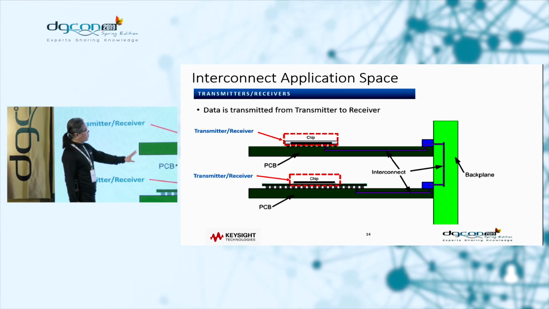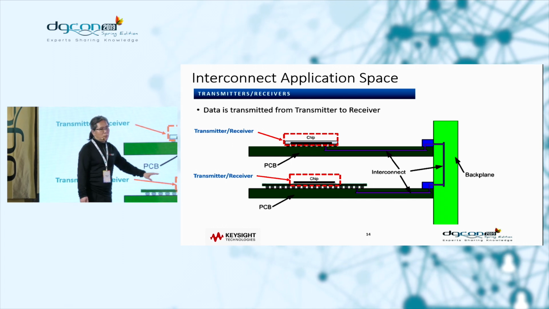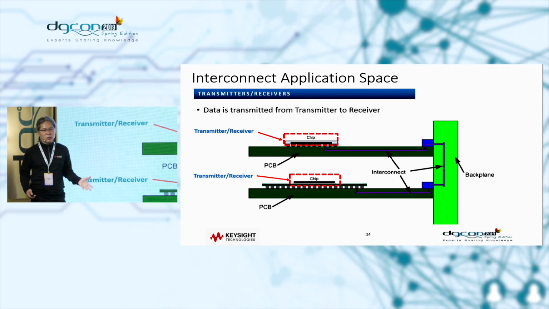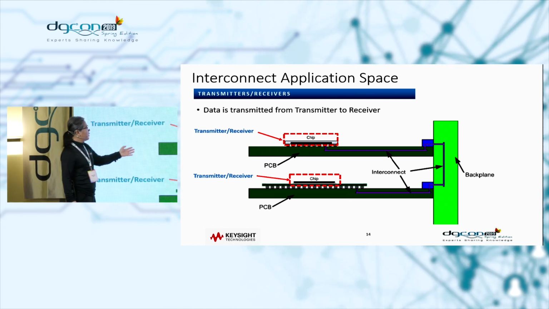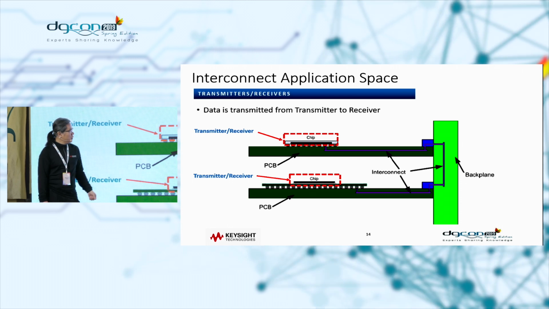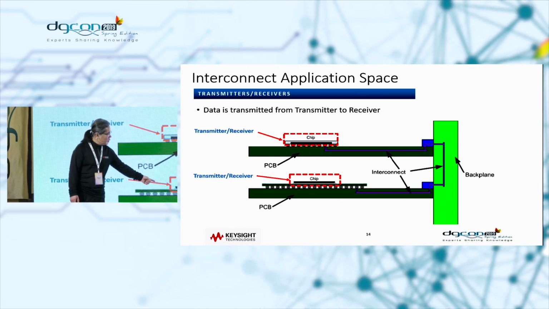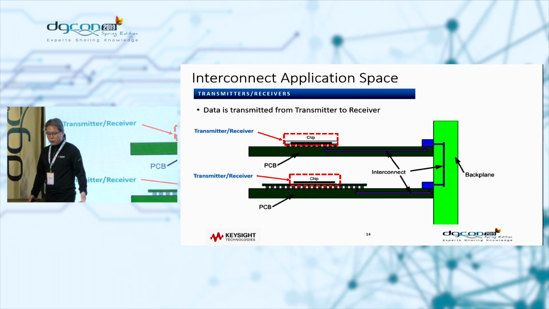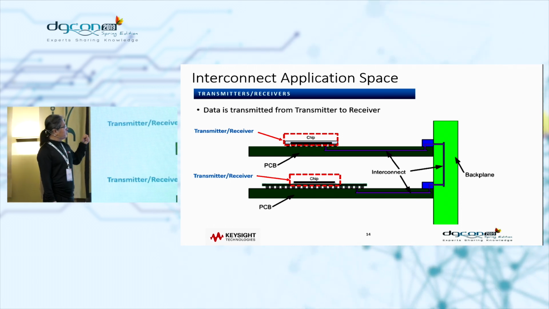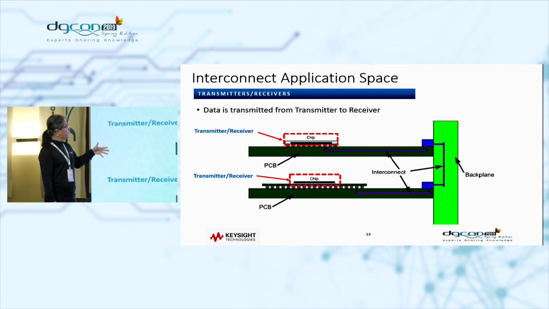Then basically we will be starting from this chip level, which is basically a transmitter, or it could be a receiver. So if we are sending the data from this top chip, this is basically a transmitter, and the receiver will be at the bottom, so transmitting the data from the TX to RX.